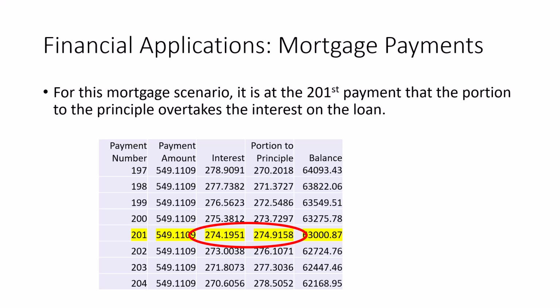So it's at this point that you're finally making what would be considered a huge dent in your actual loan. Up to this point, you're still paying more on interest than you're actually paying toward the principal. So amortization schedules are given out by banks to let you know all of this information.